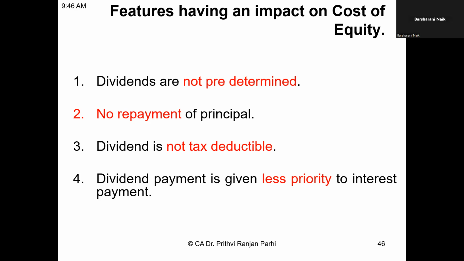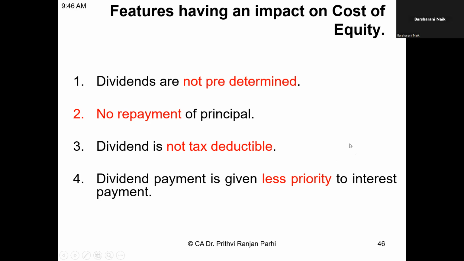So whatever money is paid to the owners is not an expenditure. Therefore, dividend will not be treated as an expenditure, while interest will be treated as an expense. Interest is paid to whom? Interest is paid to the outsiders, from whom you have borrowed money. They are your lenders. But dividend is paid to the owners. What is paid to the owners is not an expenditure, but what is paid to outsiders is an expense. So dividend is not tax deductible.